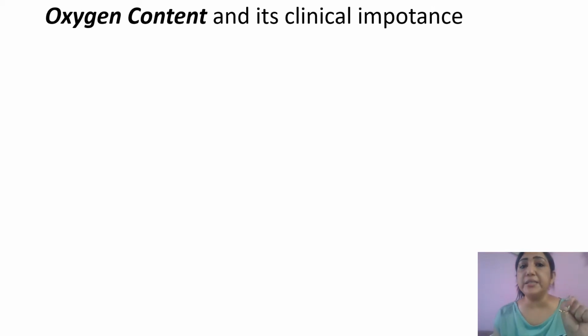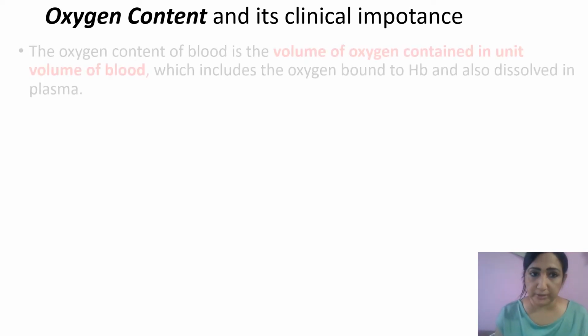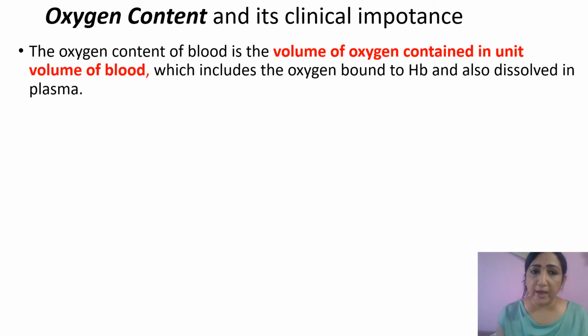After percentage saturation, we are going to learn about the oxygen content of the blood. That is quite different from the percentage saturation of hemoglobin. And what is the clinical importance of it? First, we have to know what oxygen content is. Oxygen content means the volume of oxygen contained in one volume of blood. It includes both the oxygen bound with hemoglobin and the oxygen dissolved in the plasma.